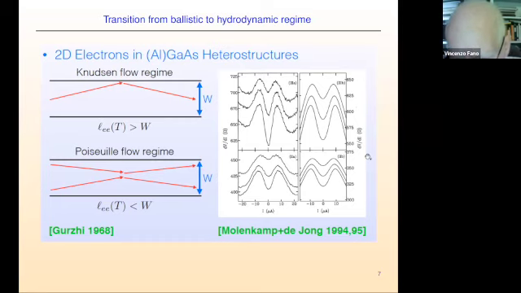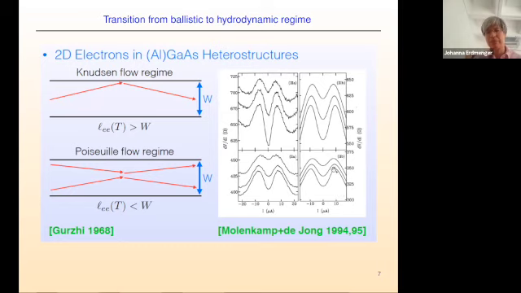And the fact is that at a certain moment of the electric field, you have a sort of top of the resistance, and then with a bigger electric field, it goes down. Yeah, exactly.